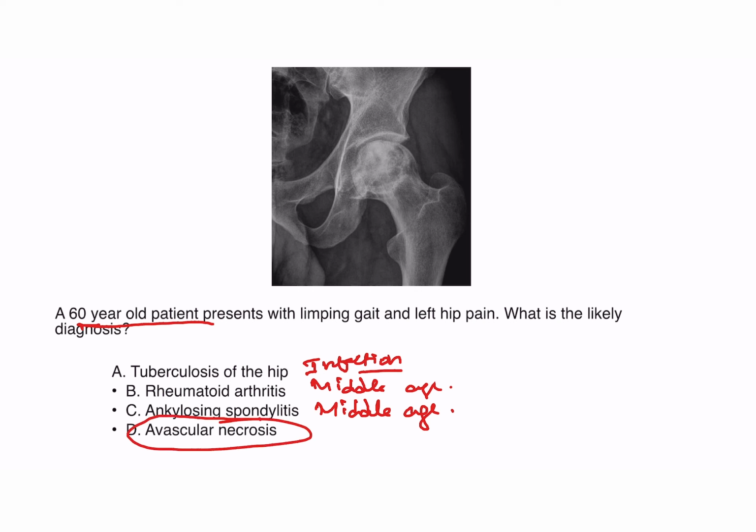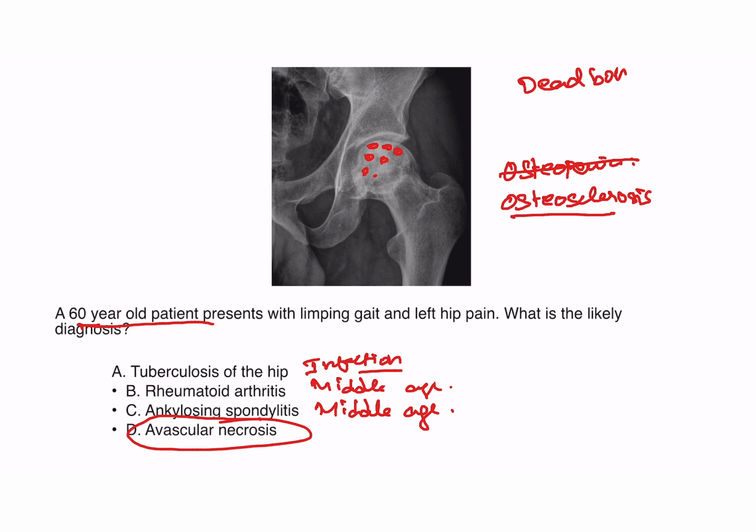Looking into the X-ray, I see a lot of sclerotic pattern, right? Be it tuberculosis or rheumatoid arthritis, most often they involve a lot of blood flow into the bone, and the person will have more of osteopenia. But in this case, there is no osteopenia, rather there is severe osteosclerosis. So what is the sclerosis indicating? The sclerosed bone indicates dead bone, right?